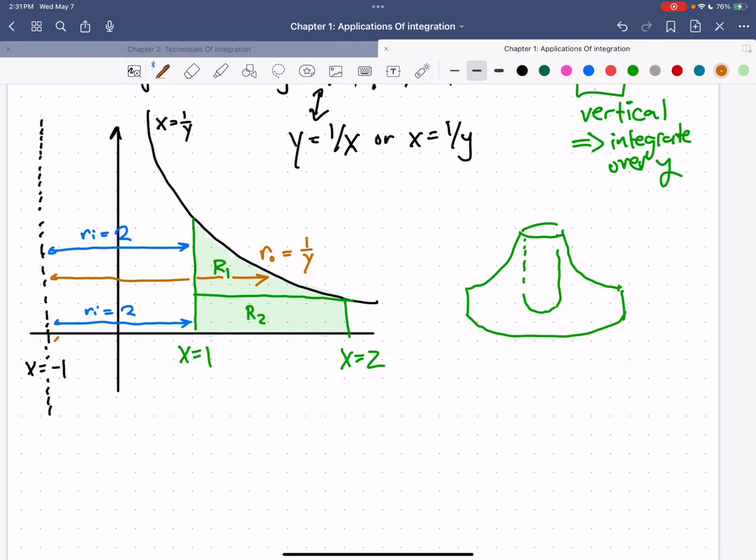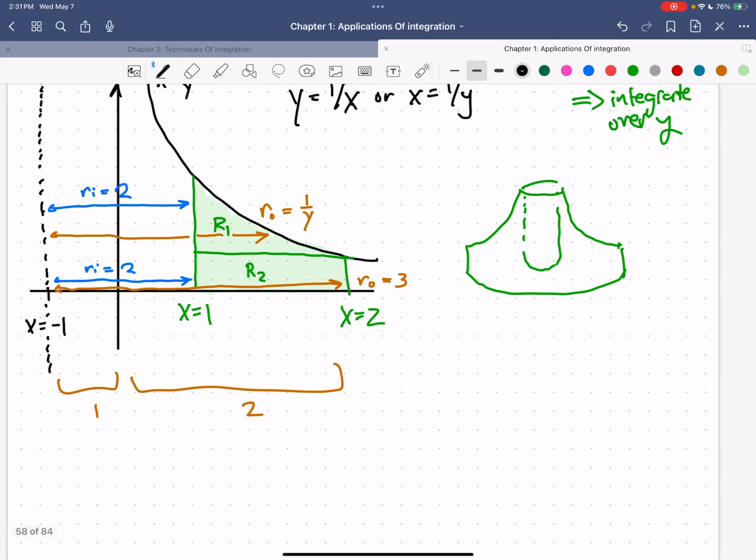Whereas this outer radius, maybe I'll draw it just above, is 2 units from the positive x-axis, and then it's 3 units: 1 plus 3, because this is 1 and this is 2. So we've now got 2 different regions where we're making a solid of revolution for each of them and putting them one on top of each other. That's totally a fine way to calculate a volume.